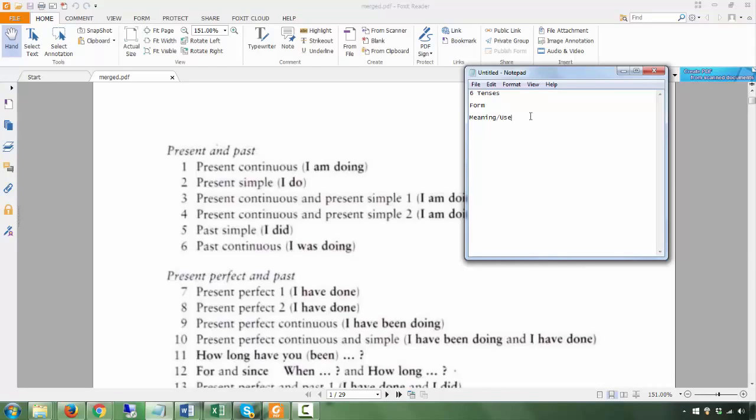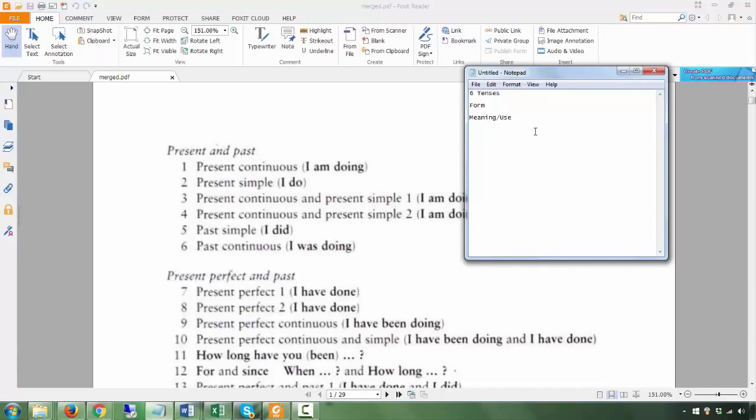Because they need to know why. For example, why do people use the present continuous tense? And are you using it correctly? The sentence that you want to write or speak, does that require that particular tense? You have to understand what is the purpose of you saying something.